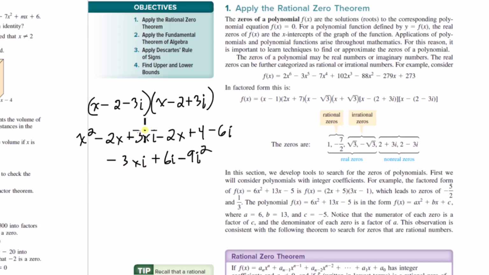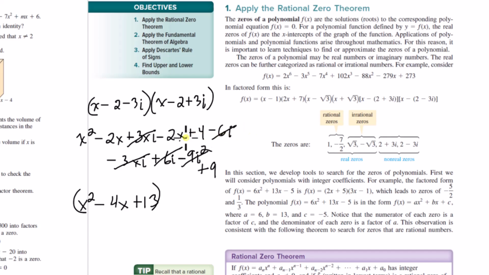Okay, so minus 3xi plus 3xi goes away, minus 6i plus 6i goes away, minus 9i squared becomes plus 9, so we're left with x squared minus 4x plus 4 plus 9, which is 13. What you do is leave the quadratic factor as is. You leave the imaginary numbers inside the quadratic instead of factoring it further. And so you end up with a product of all real linear and quadratic factors.